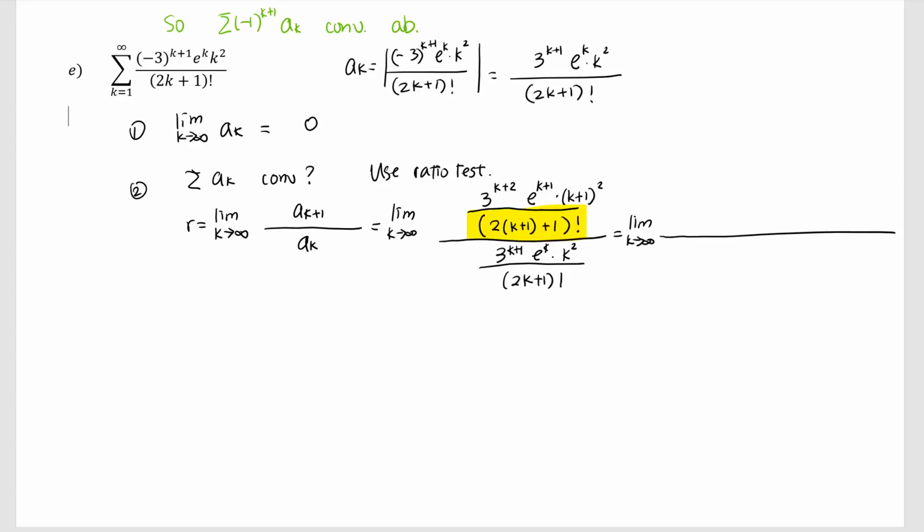Our goal is to split and cancel some terms. So you can see 3k plus 2. We want to cancel with 3k plus 1. So how do we split? We split as 3k plus 1 and 3, right? e to the k plus 1, we want to split with e to the k, so we split as e to the k times e. And k plus 1 squared, just leave it like that. Don't multiply out.